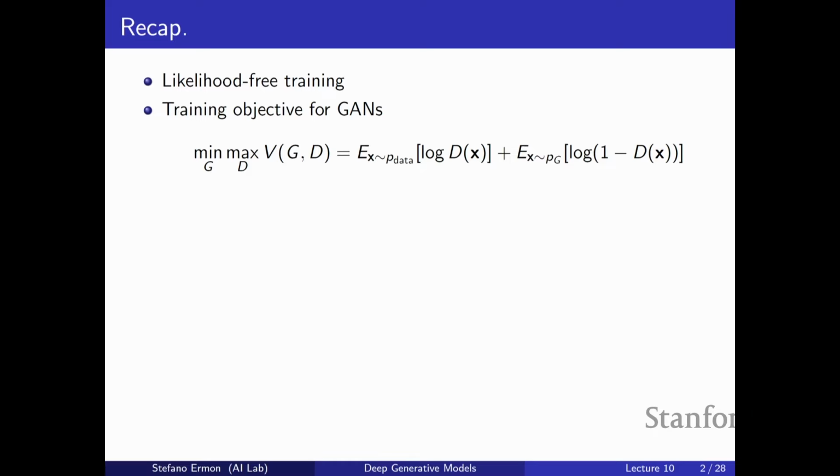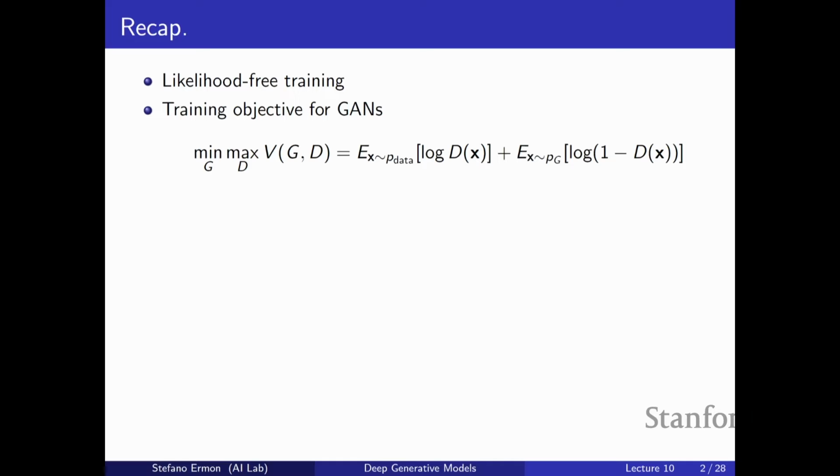In particular, we've seen one very reasonable way of figuring out how well your generative model matches the data distribution, and that involves training a classifier, often called a discriminator in this space. The discriminator is trained to distinguish whether the samples it's receiving are real, meaning they come from the data distribution, or fake, meaning they come from the model distribution.